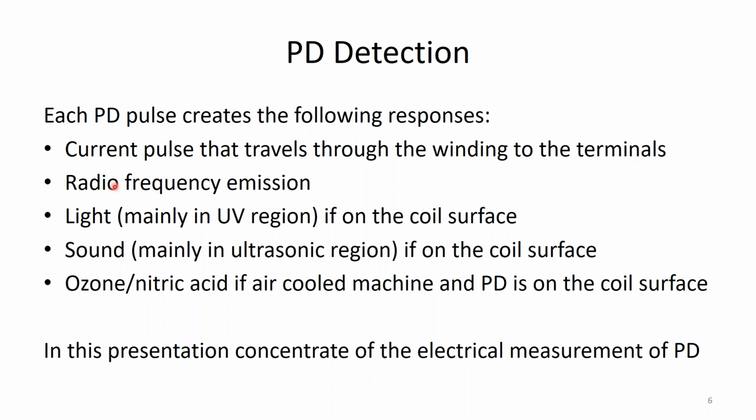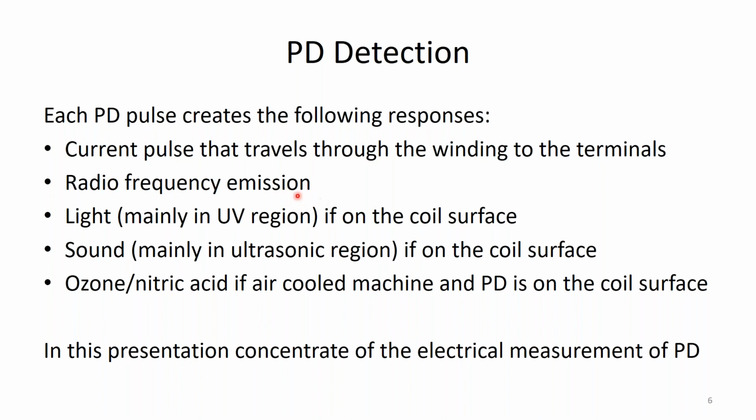There's also radio frequency emission. It gives off radio waves, and anyone who listens to AM radio far away from a city and drives under a transmission line in rainy or foggy conditions can hear that corona or partial discharge on their AM radio.